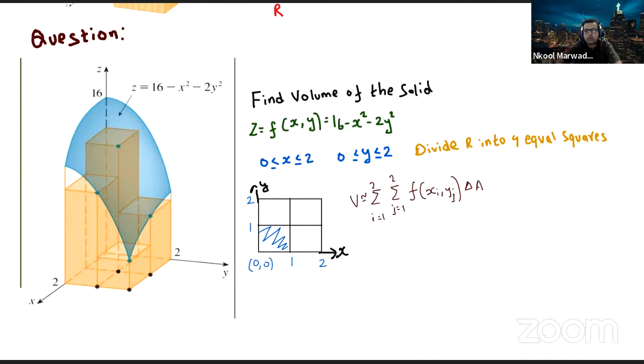Now I have to get the height of these 4 rectangles. For height, I can take the corners, like 1 comma 1, 2 comma 1, then 1 comma 2, 2 comma 2. So let me do that.